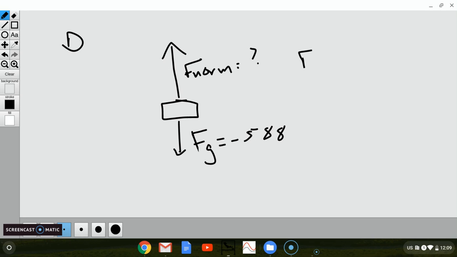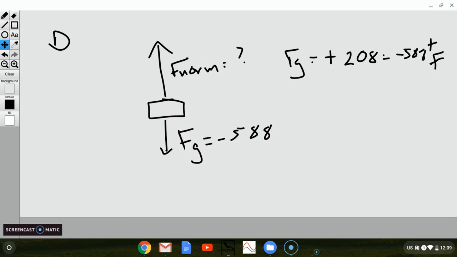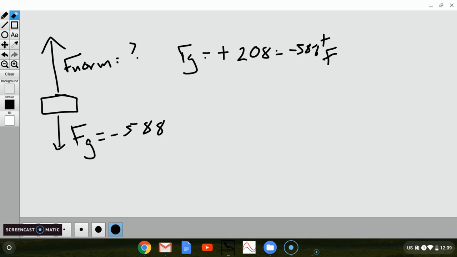We know the centripetal force is still positive. This is why we make the center always positive. 208 is equal to negative 588 plus the normal force. Sorry, I'm running out of room on my screen, so let's just clean that up. And here we go.